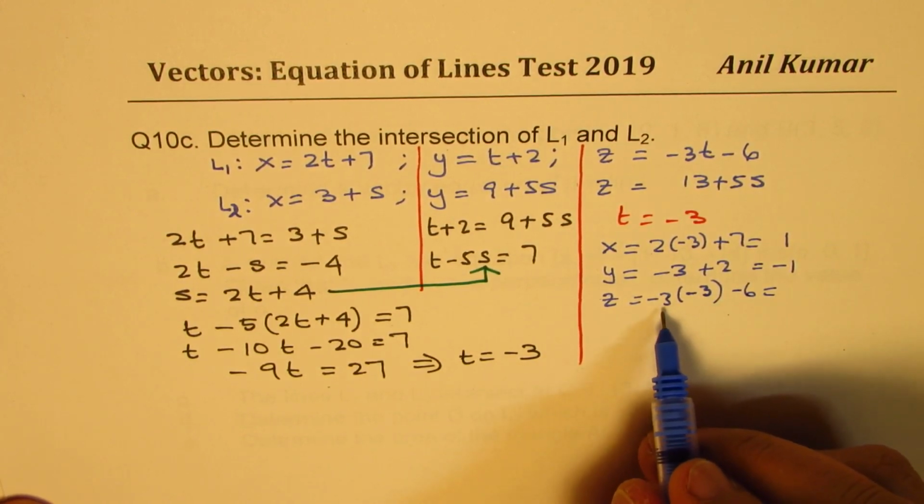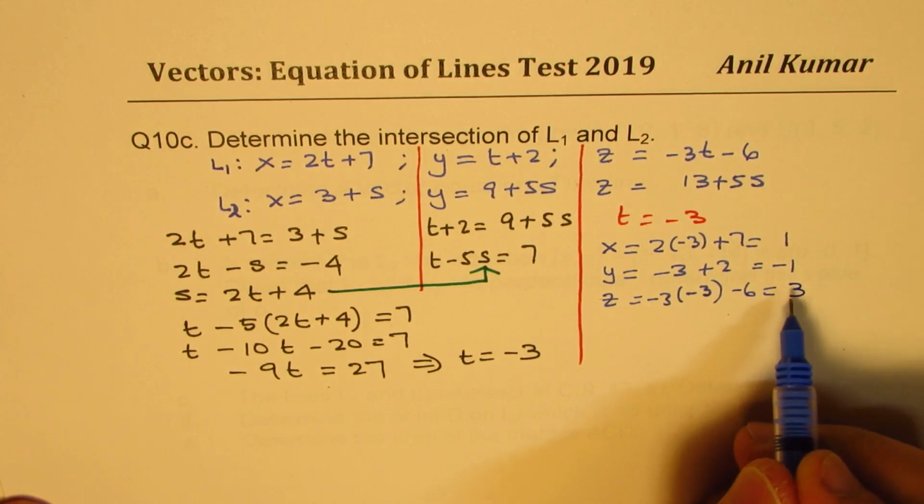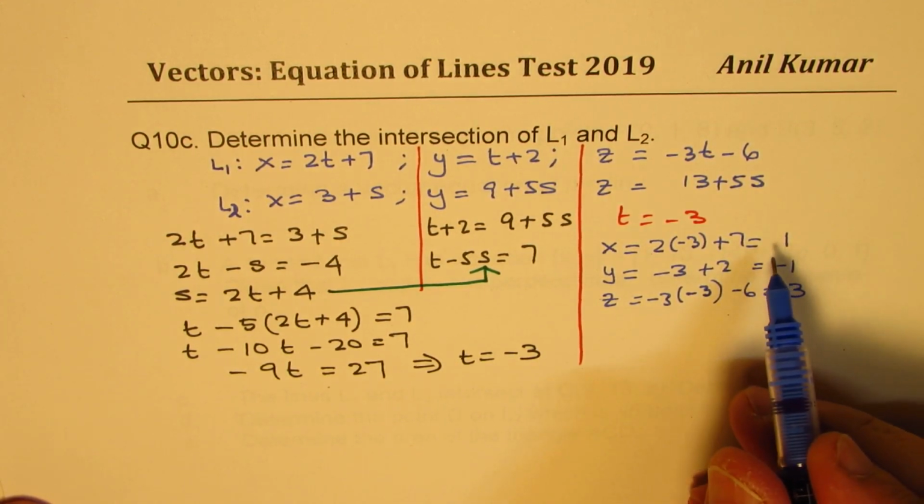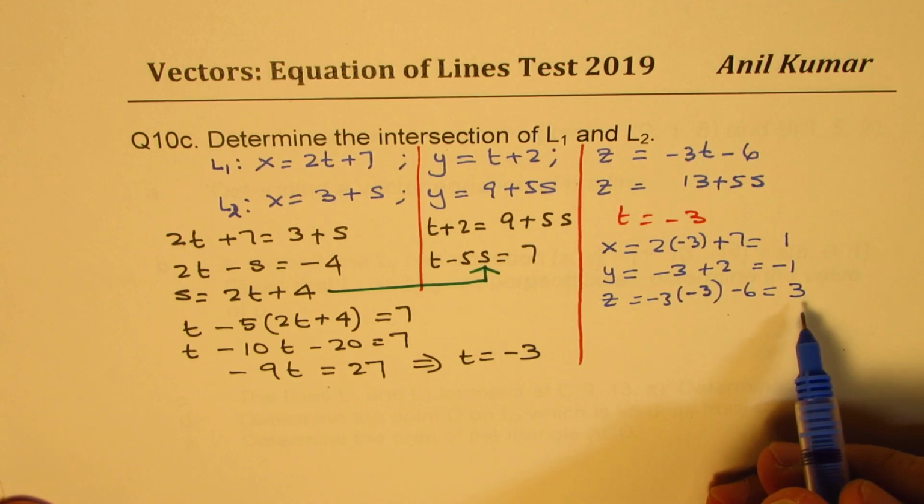So 9 minus 6 is 3. So the point is (1, minus 1, 3).